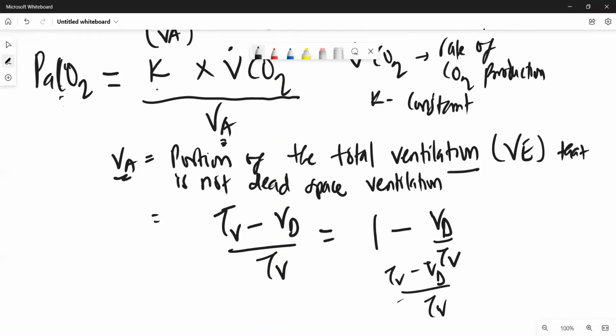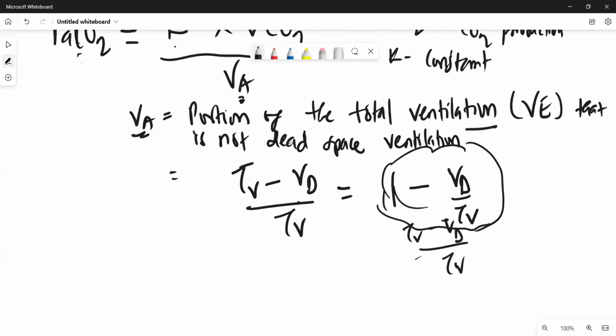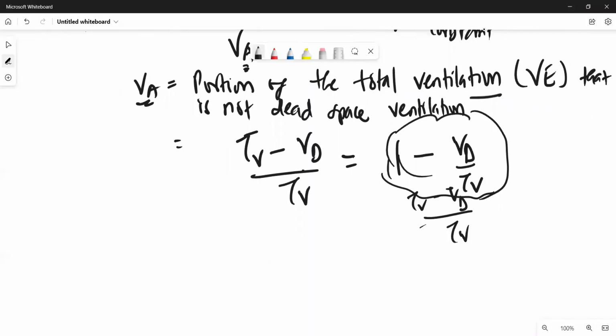So we can further simplify this to this. The reason I'm saying that is that you're going to see in some textbooks when you are reading them, the partial pressure of carbon dioxide is expressed in a different way, so that we don't get confused.